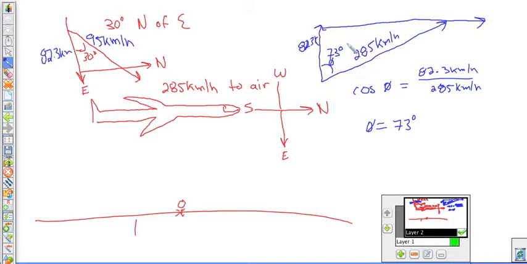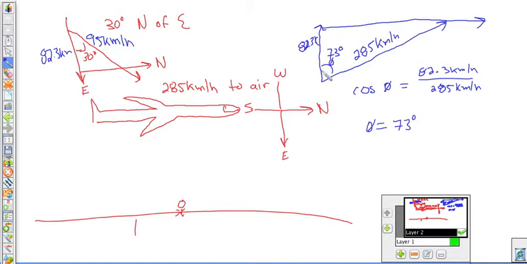And now I can figure out what this new vector is here in the north direction, because that's what I'm actually going to be traveling at. Essentially what I've had to do is take my 285 and angle it away from my direction, which is going to subtract some from my direction in the north.